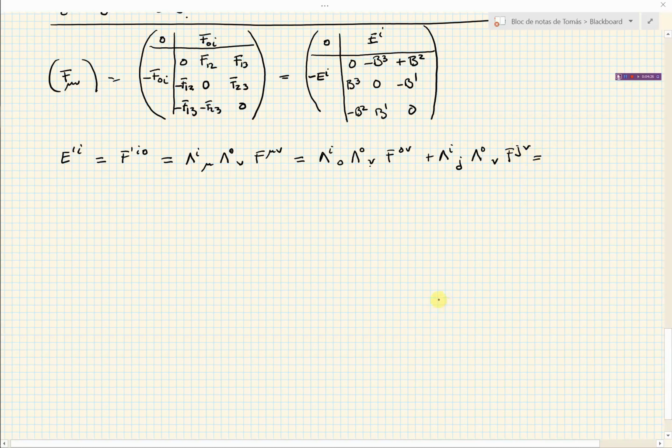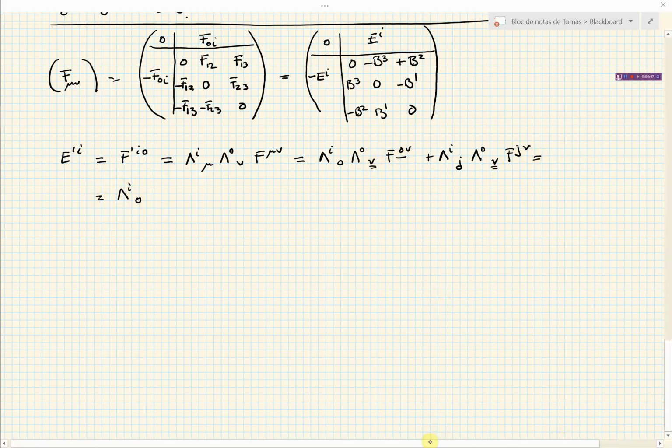Next, I decompose this index nu both here and here. I get lambda 0 i, and then, well, if nu takes the value 0, then this is multiplied by F 0 0.